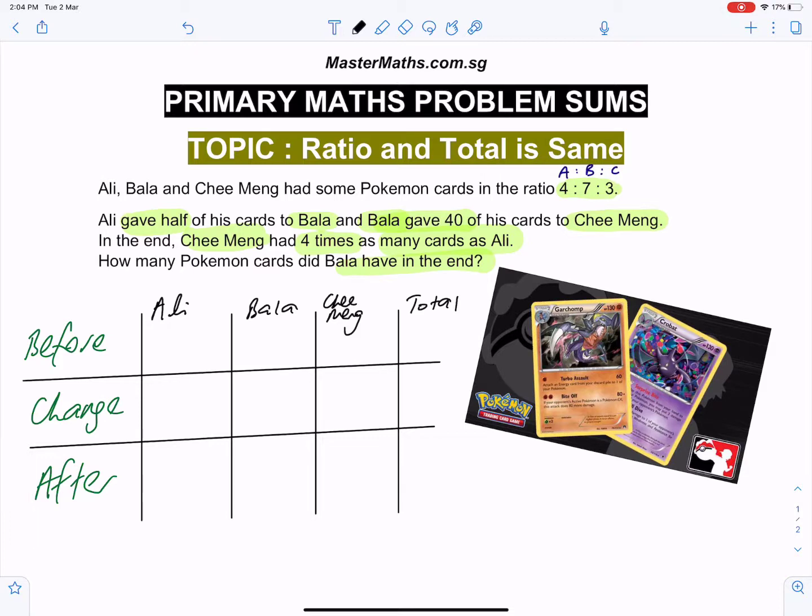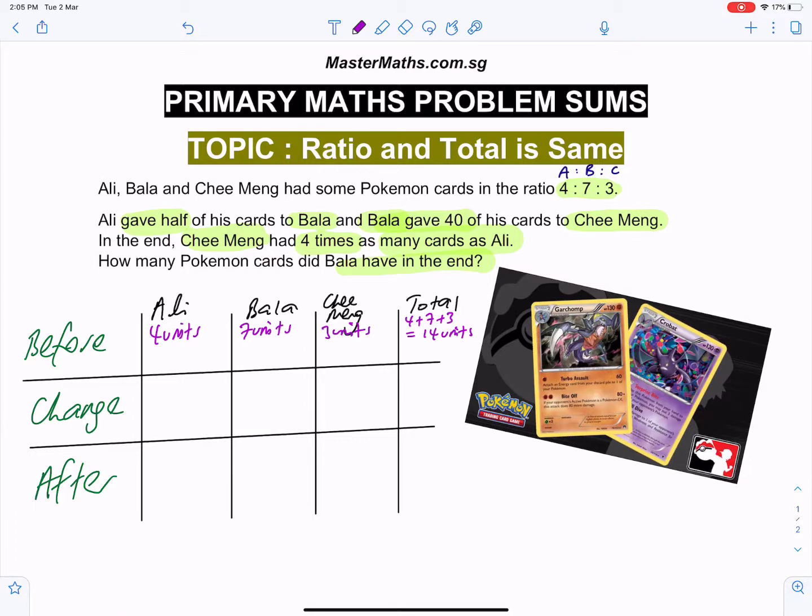So before, Ali has 4 units of cards, Bala 7 units, and Chi Ming just 3 units, and in total 4 plus 7 plus 3 is 14 units of cards. Quite a lot of cards, huh?